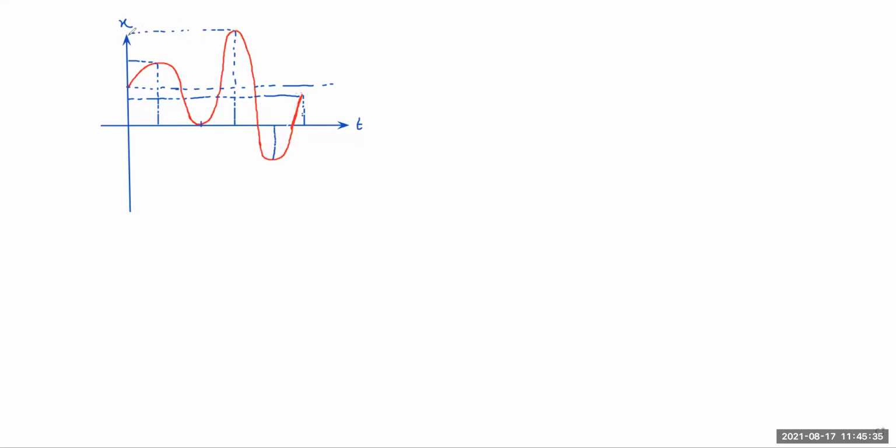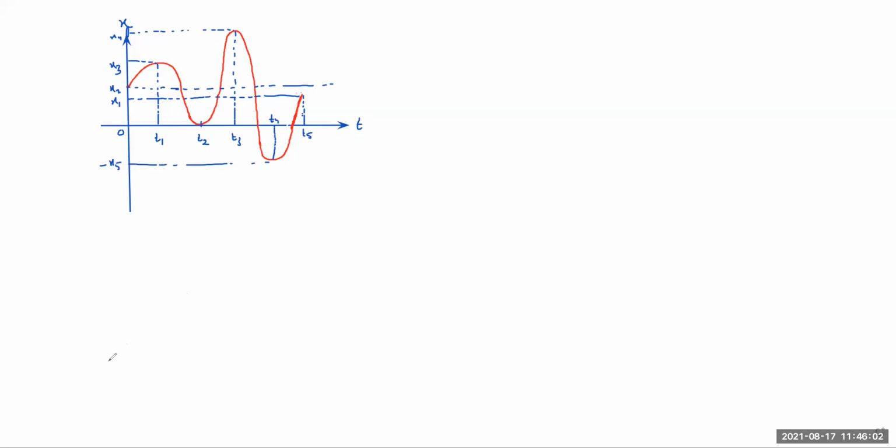I may not be very accurate in drawing this, but you can understand. So this is 0, let's call the positions x1, x2, x3, x4, and minus x5, and the times t1, t2, t3, t4, and t5.